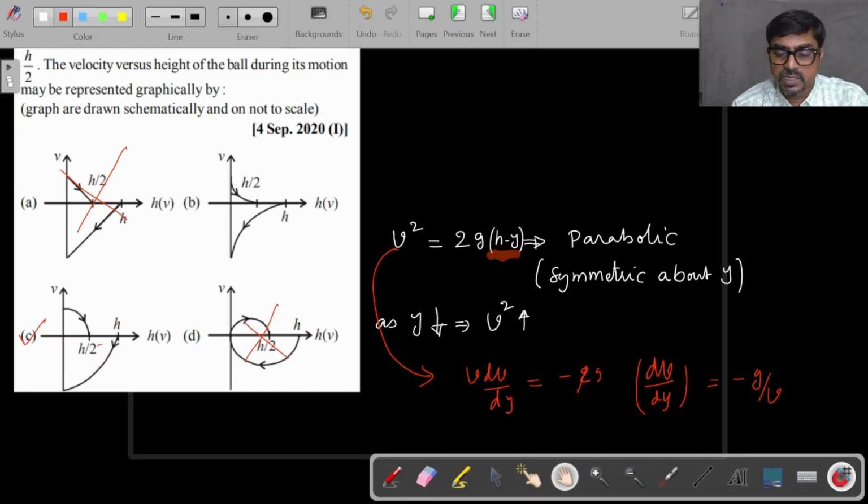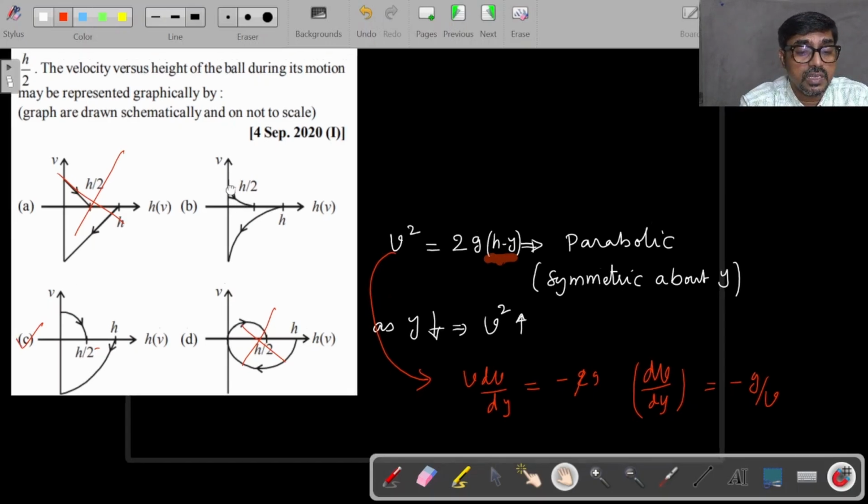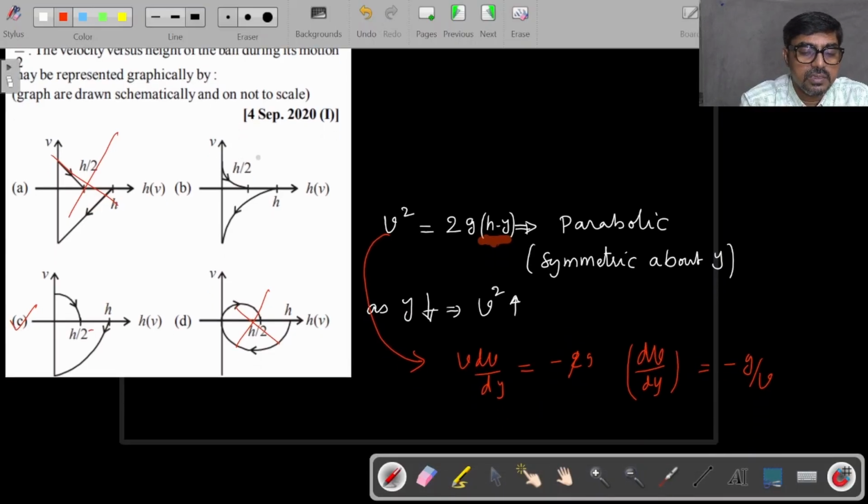As v increases, it is supposed to have lesser slope, magnitude wise lesser slope, meaning lesser steepness should be there. As v increases, it should have lesser and lesser steepness. Here you see, as the v increases, it's becoming more and more steeper. So that is not correct. Over here, as v increases, you see it is lesser and lesser steeper. So C should be the answer there. I hope you got that.